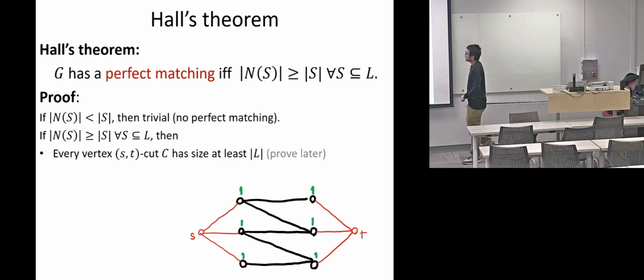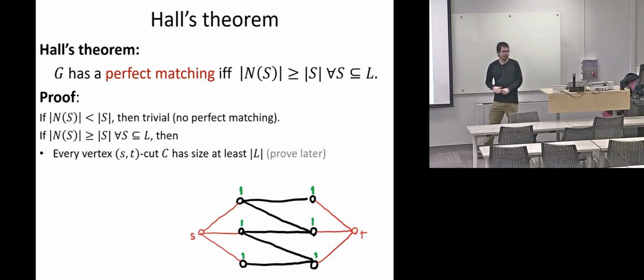When this is the case, I'm going to claim that every vertex ST cut in this graph, by looking at the ST flow instance, which is here, has size at least L. I'm going to prove this later.